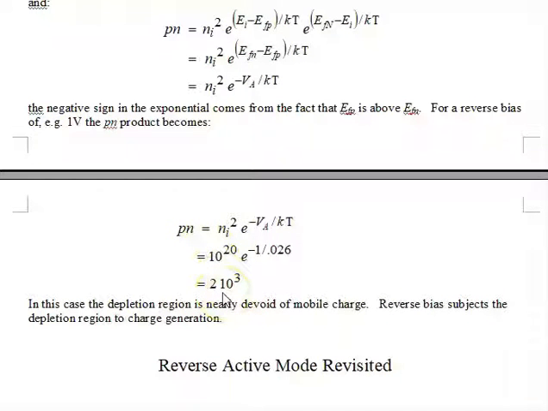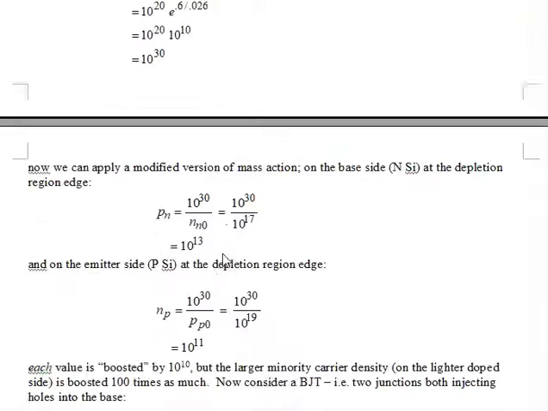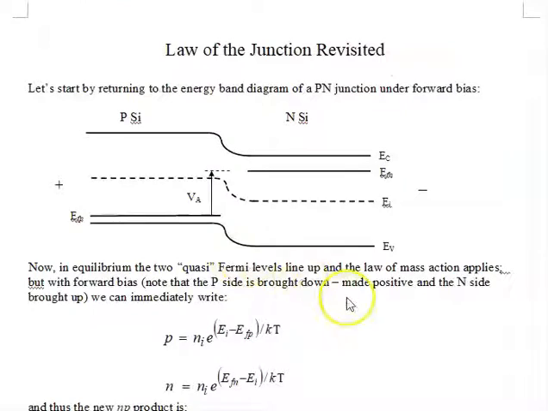It is so small that it's not worth talking about. And that tells us something that we already know. In reverse bias, and this is the depletion region, there are essentially no mobile charges whatsoever. Essentially 0.